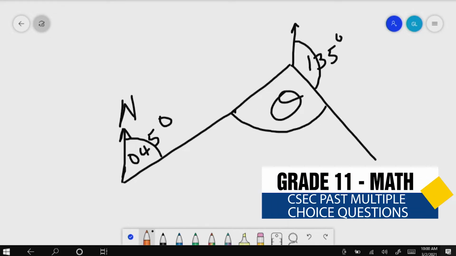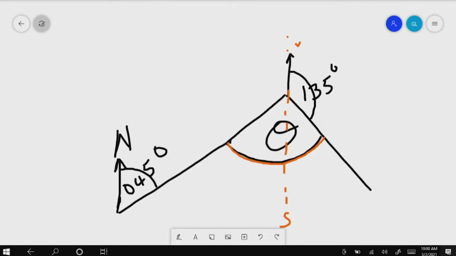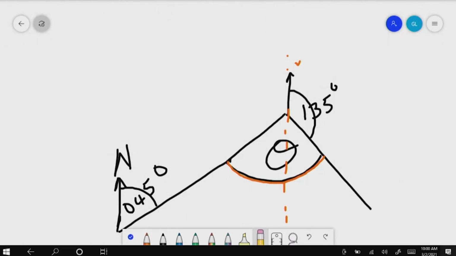Now, using the concept of straight angles, we can find this angle theta by taking 135 from 180, which should have been the straight line from north to south.